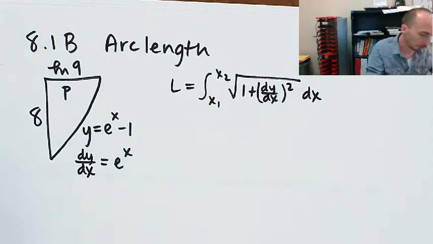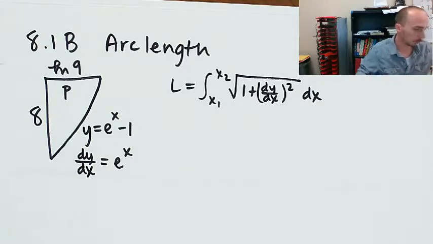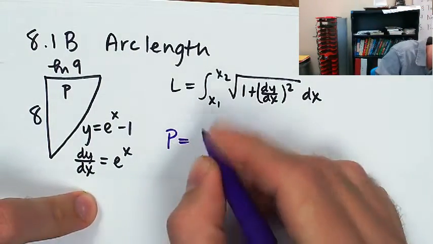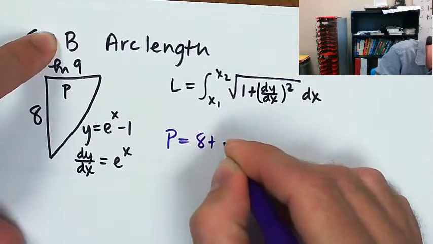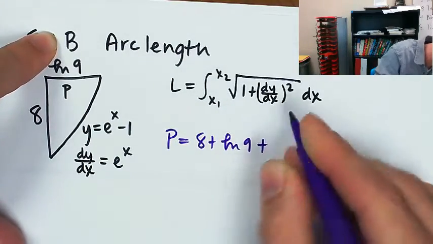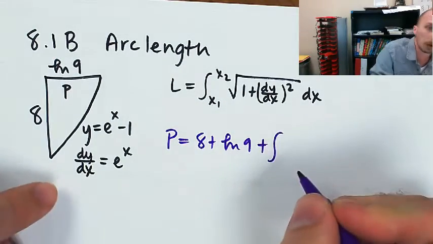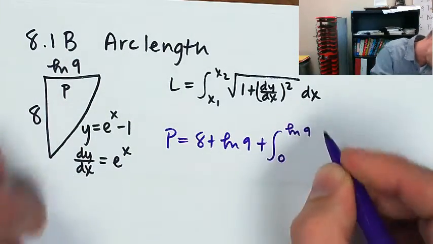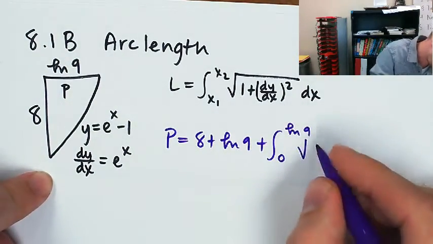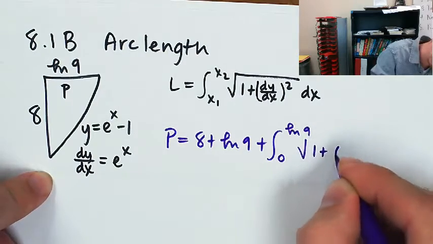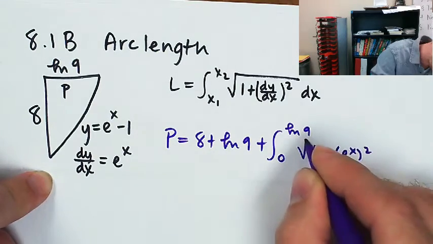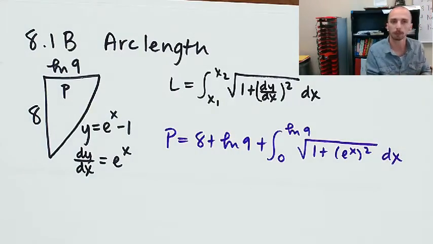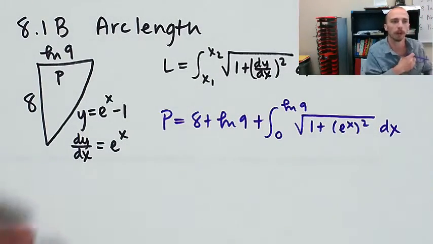So the perimeter I'm interested in finding is 8 plus log of 9 plus the integral as x runs from 0 to the natural log of 9 of the square root of 1 plus dy/dx squared dx. That's an expression involving an integral that will give me the perimeter of region P.